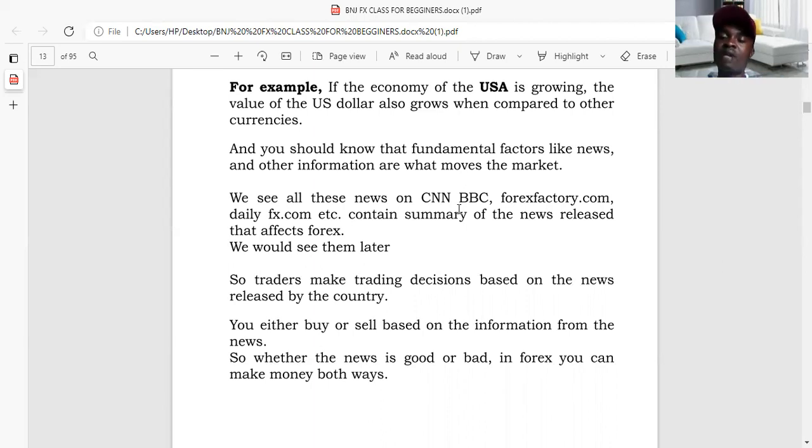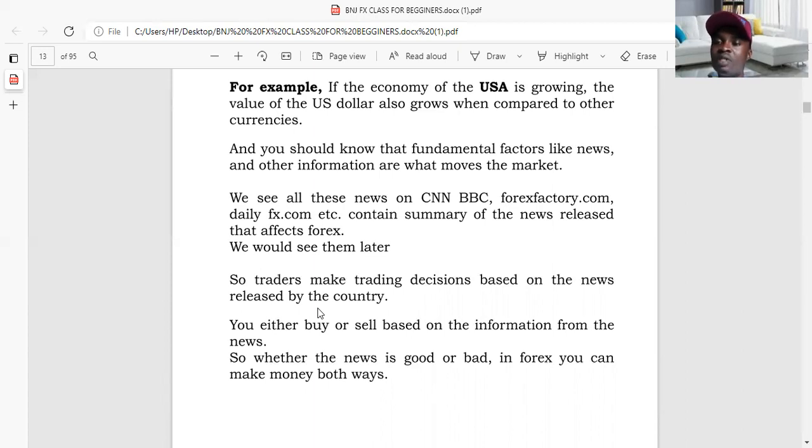But if you need it manually, you can also get in touch with me. So as a trader, make trading decisions based on the news released by the countries. So your decision, your prediction is based on the news released by that particular country.